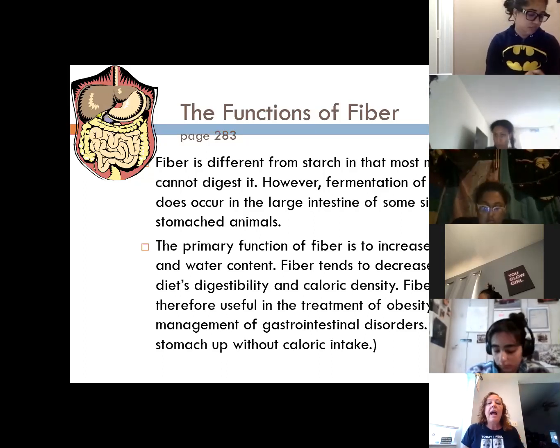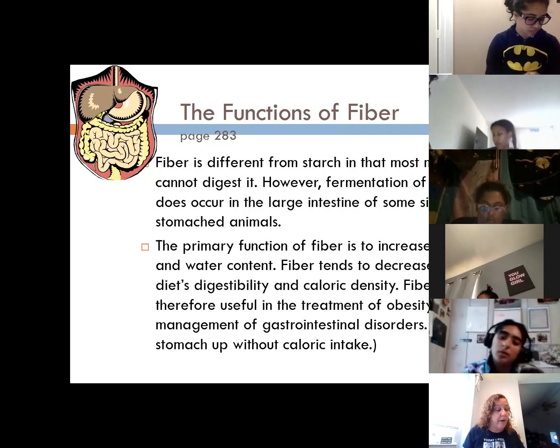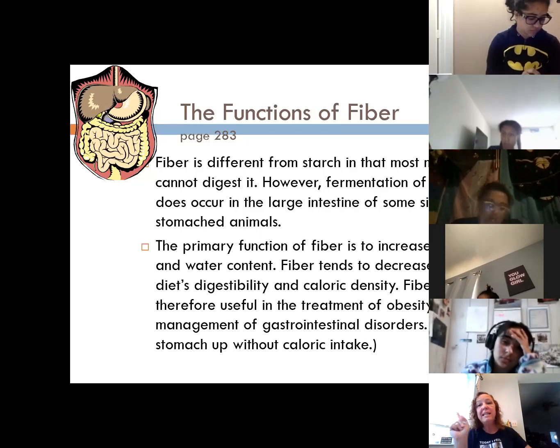It slows everything down, which will slow the uptake of glucose into the blood, which is a whole other thing we'll talk about.